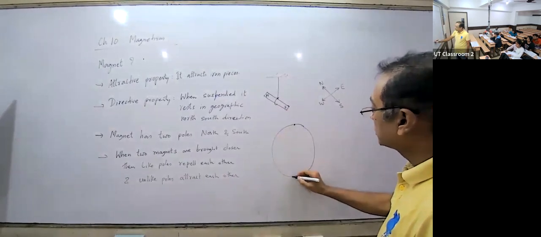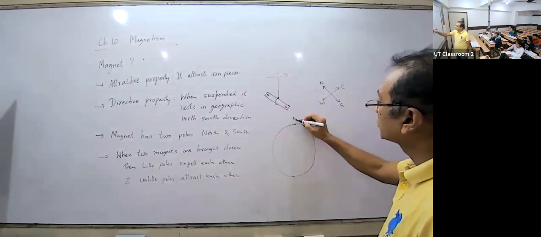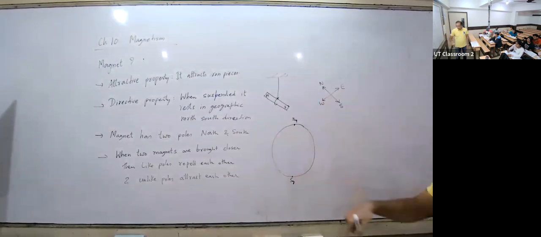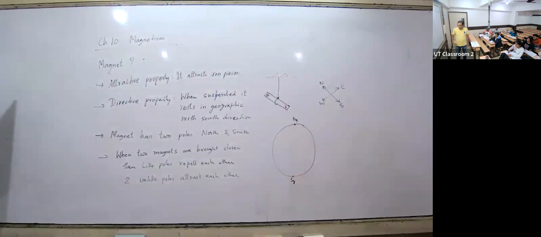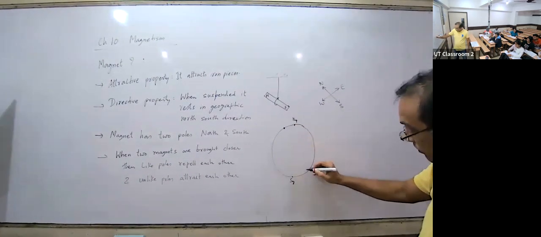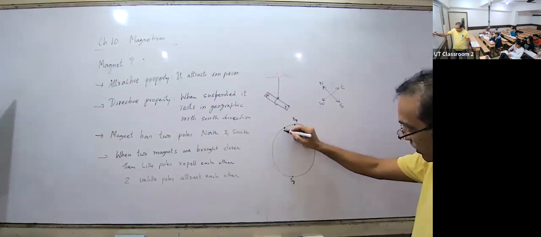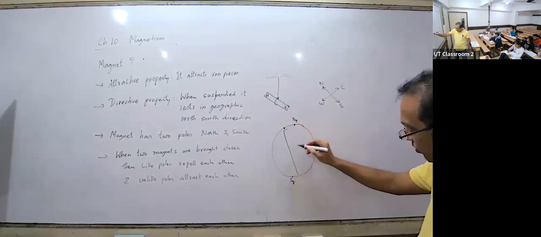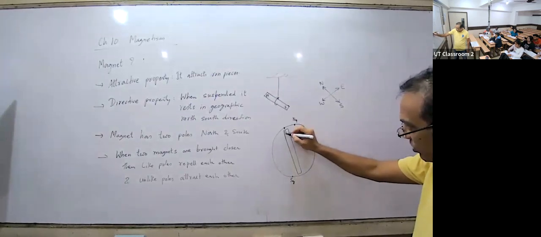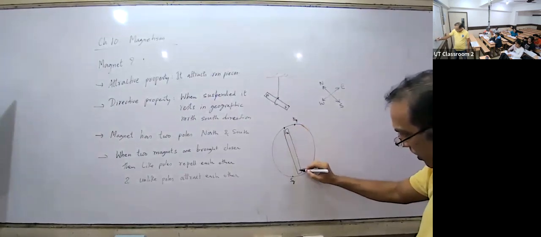This is geographic north and this is geographic south, the north pole and south pole of the geography. But this end might be acting as a magnetic south pole. This is the magnetic south of Earth, and this is the magnetic north.